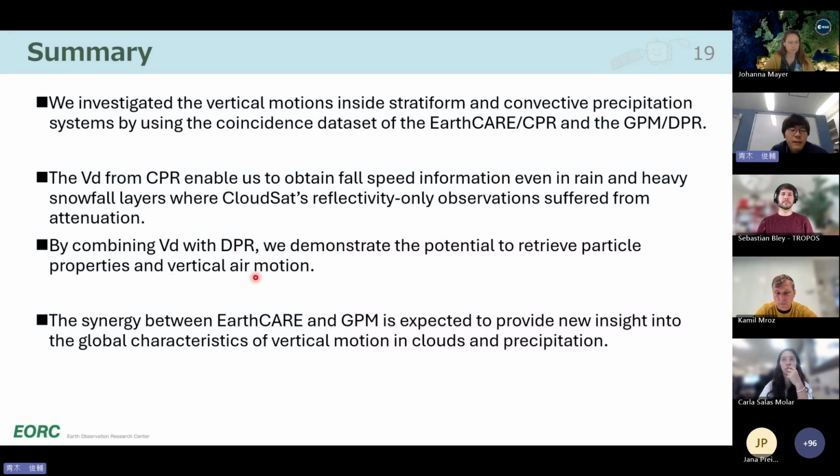By combining these two measurements, we can get information about vertical air motion and particles. This kind of result may provide new insight into global characteristics of them. Thank you very much.